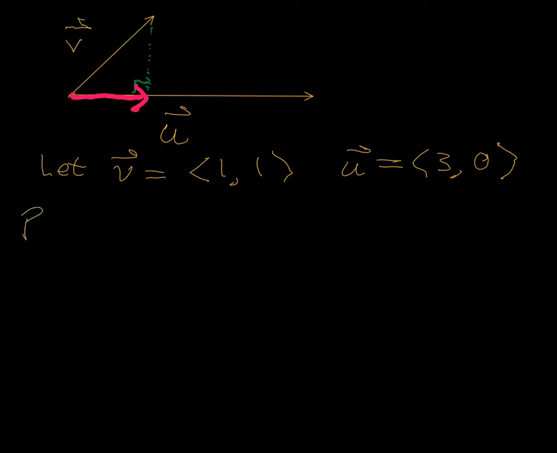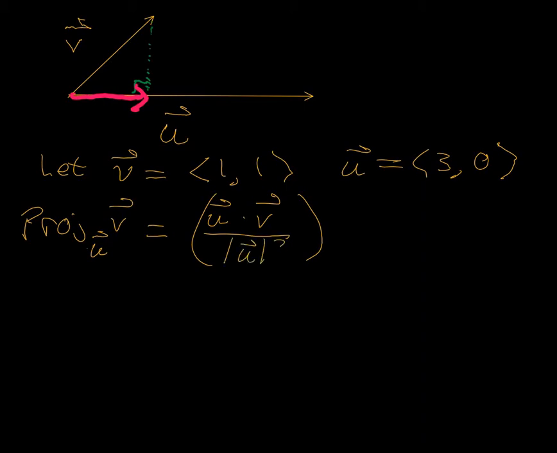So our projection of vector v onto vector u is what you get when you do the dot product of the two vectors divided by the magnitude of the vector you're projecting onto, squared.